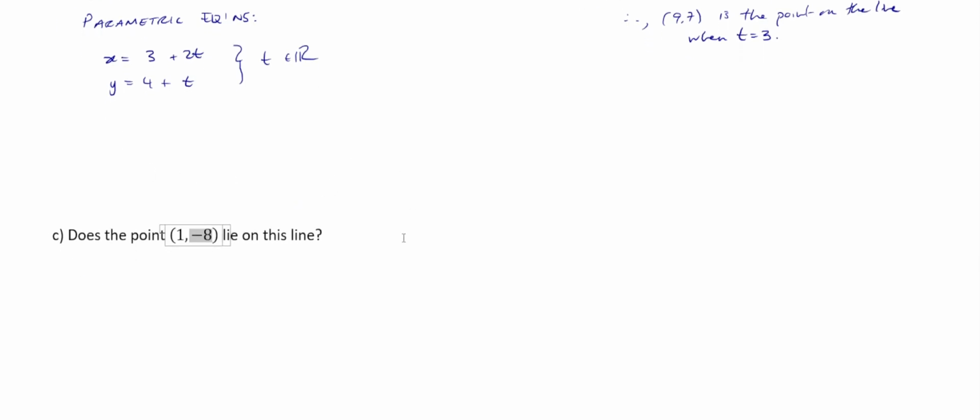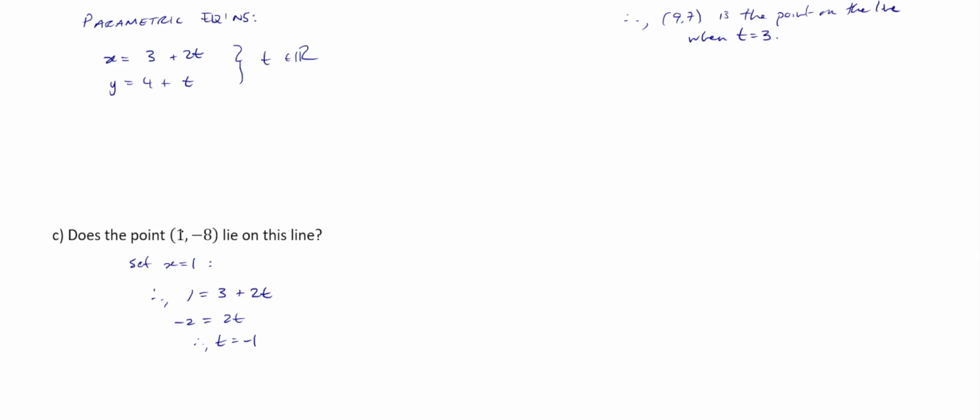So what I'm going to do is set x is equal to 1. So therefore 1 is equal to 3 plus 2t. I'm using the x parametric equation. So then by bringing the 3 over, -2 is equal to 2t, and therefore t is equal to -1.